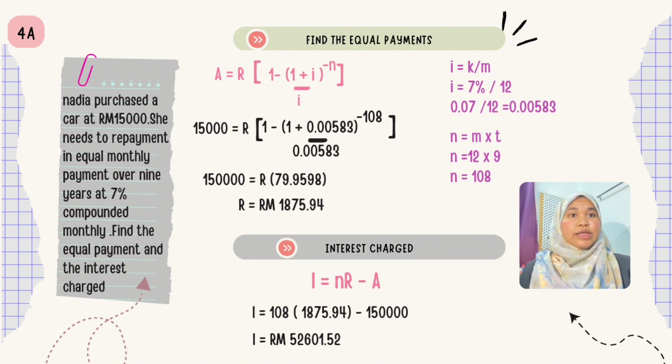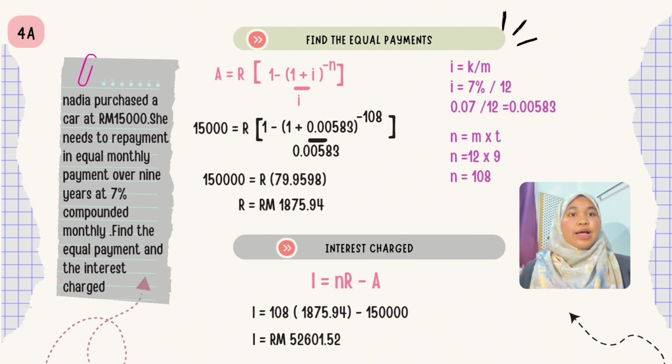A is 15,000, I is 0.00583, n is 108. 15,000 equal R bracket 1 minus 1 plus 0.00583 bracket to the power of negative 108 divided by 0.00583 bracket.